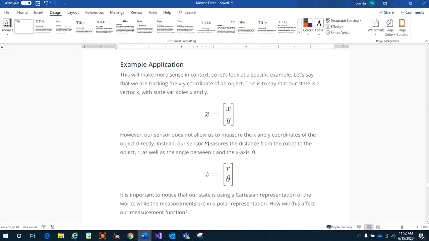So this is the example I want to show you. In this schematic, for example, we are tracking an object with s and y coordinates of the object. So our state vector has state variables s and y right here.